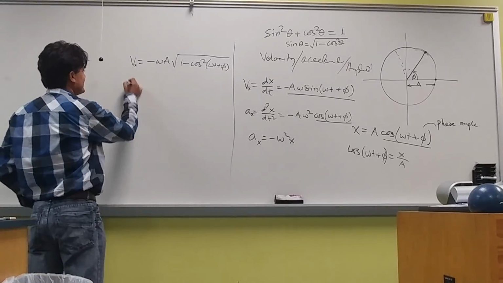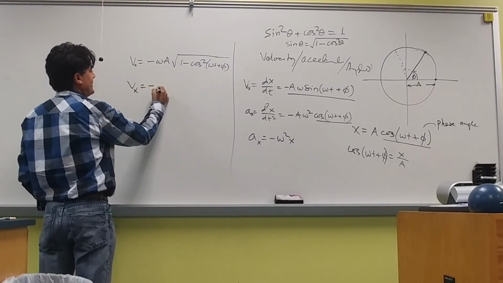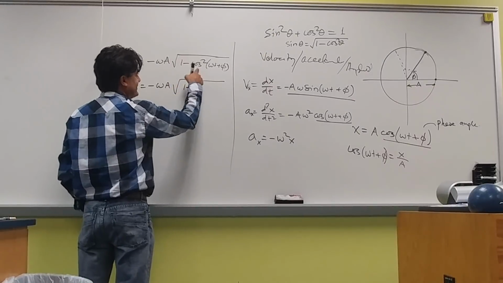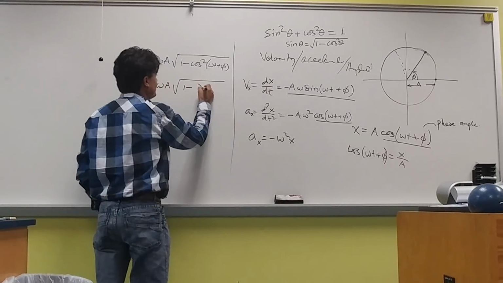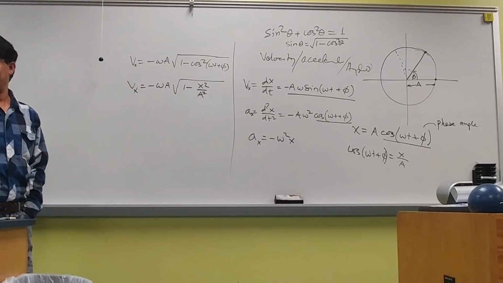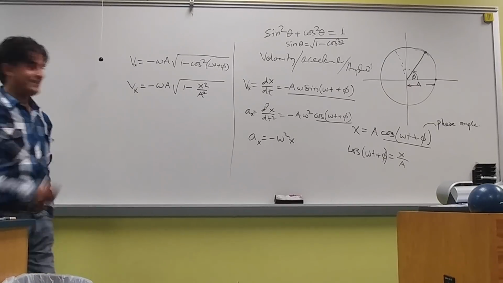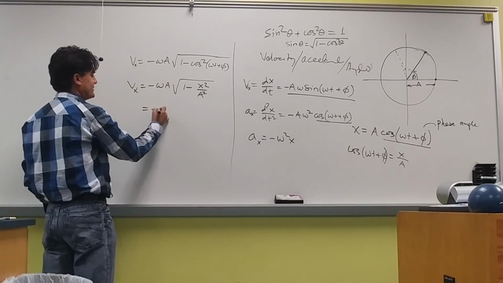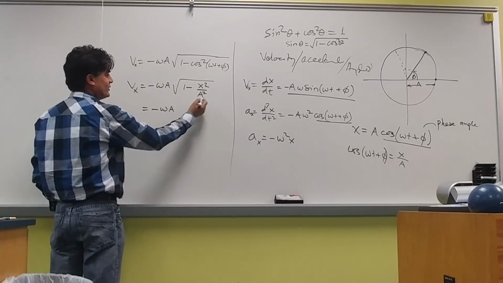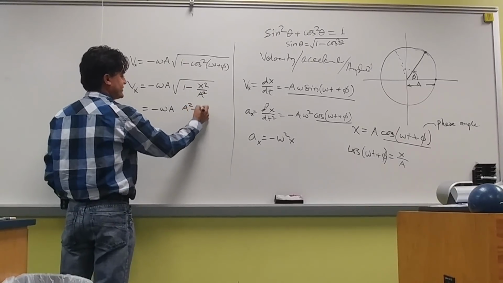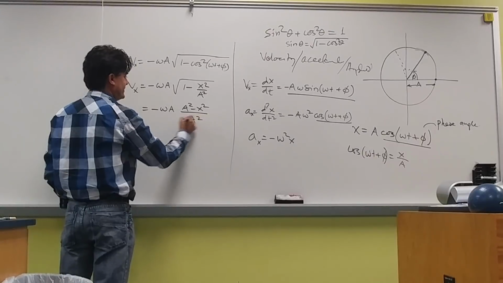So now my Vx will be minus omega a, and then this will be 1 minus cosine square, which is x square over a square. Okay. Having fun now? Look at the beauty here. If you simplify this, minus omega a, you can take the factor a out: a square minus x square divided by a square, with a square root.